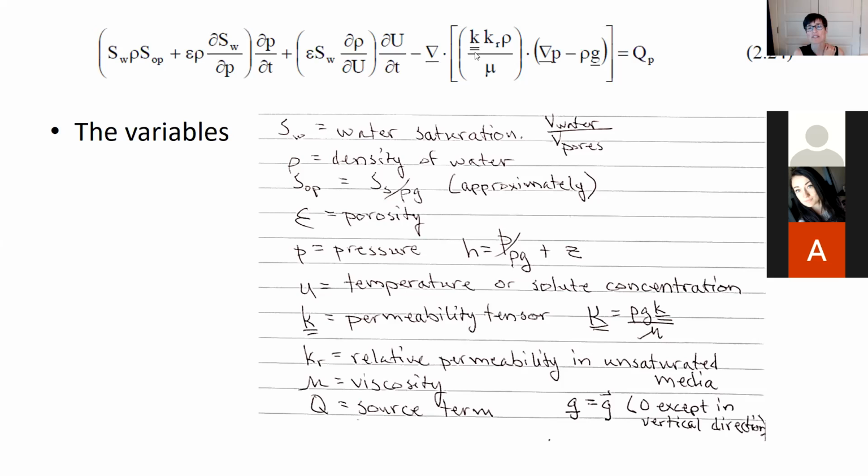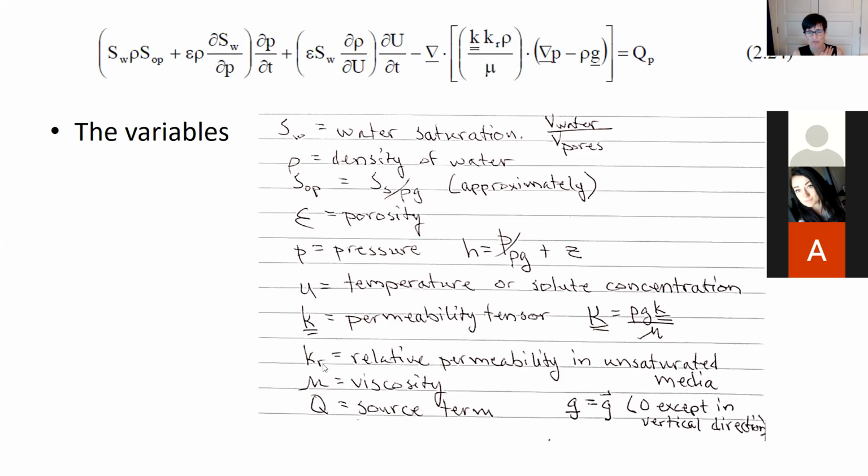So we can tell that this relates to the hydraulic conductivity. In fact, look, there's rho and mu. This is very close to the hydraulic conductivity. It's like the hydraulic conductivity divided by g, and it's also multiplied by this other thing, this Kr. Okay, so what's Kr?